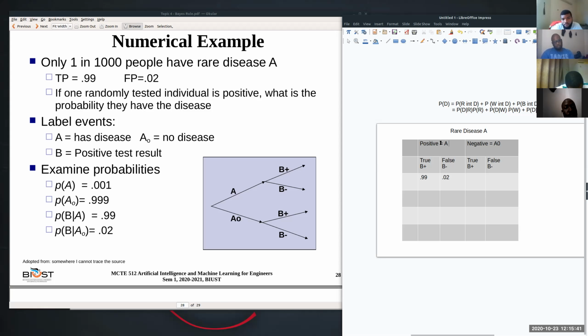In this case, my A is the person that tests positive and my A0 is the person that tests negative. Okay, this is not correct. It should be the person with the disease. Then it will change: A with disease.